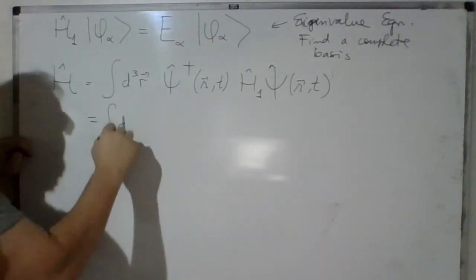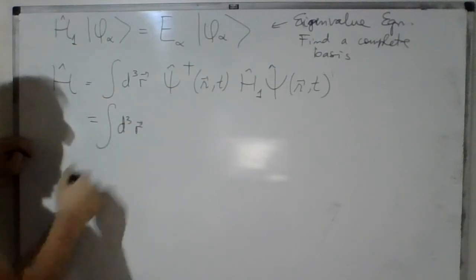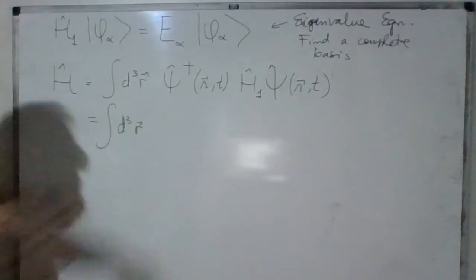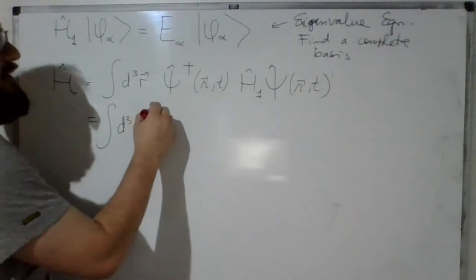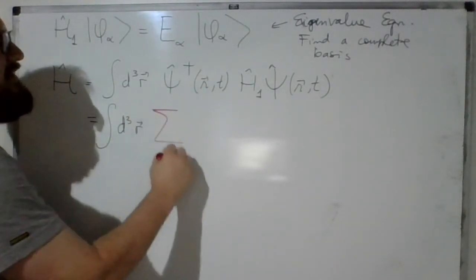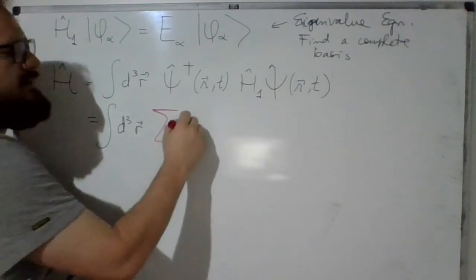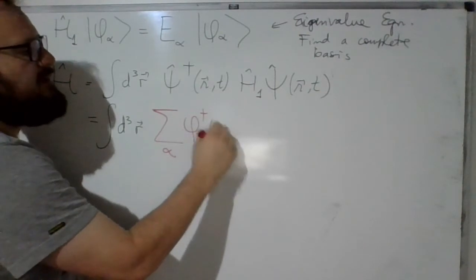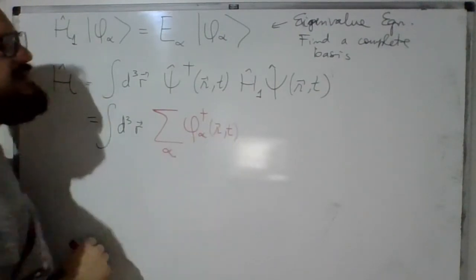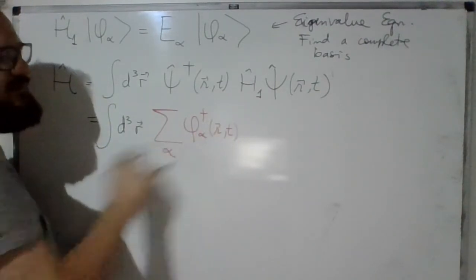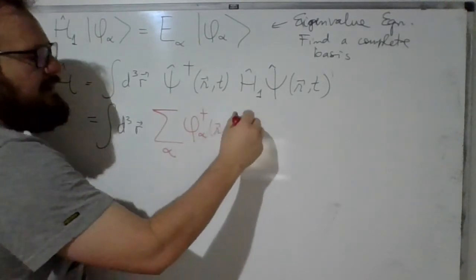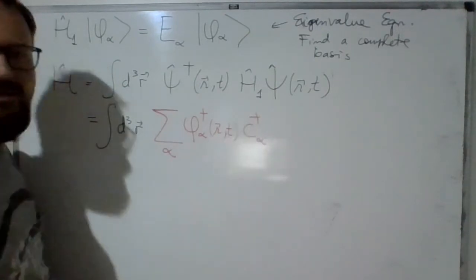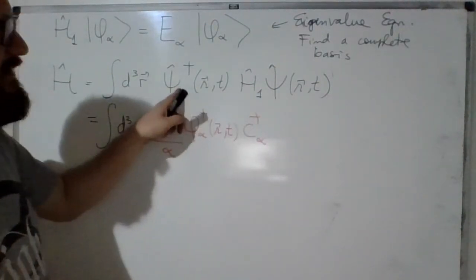An integral over d3r, and since I am writing this as an operator, I will have a summation over all the states alpha of phi dagger alpha at position r at time t, and here I will have a C dagger of alpha. This is the expansion.